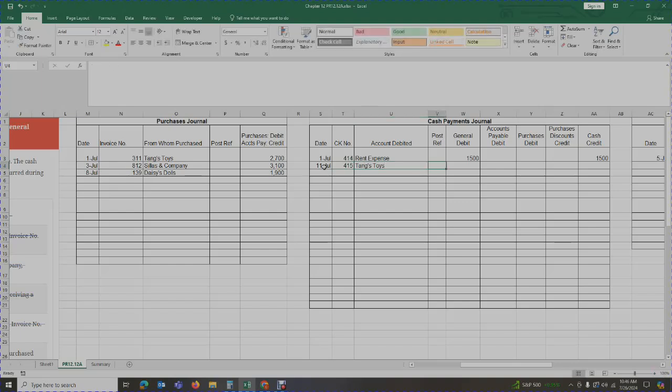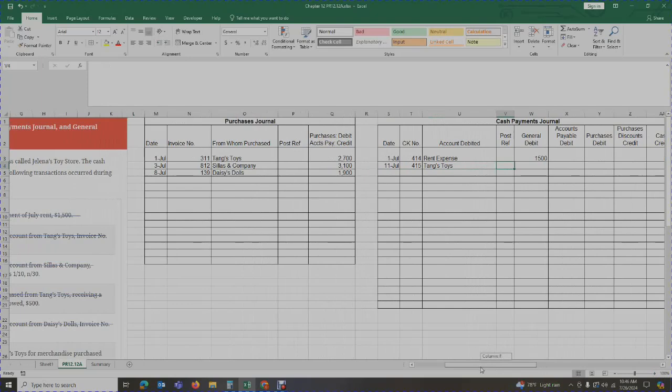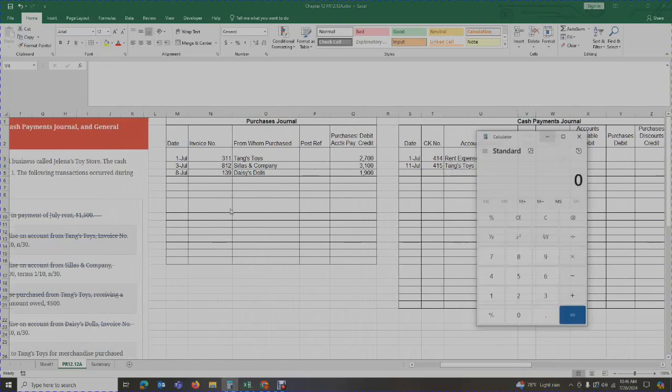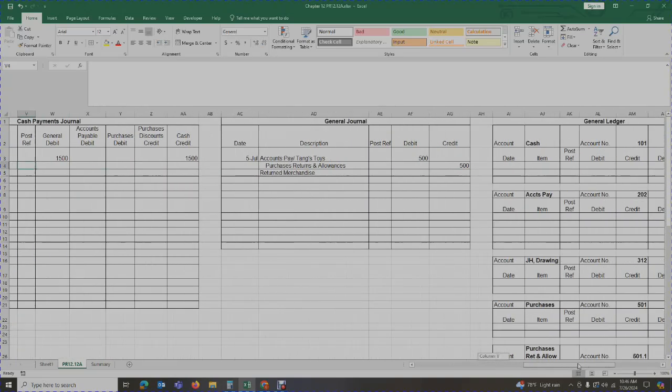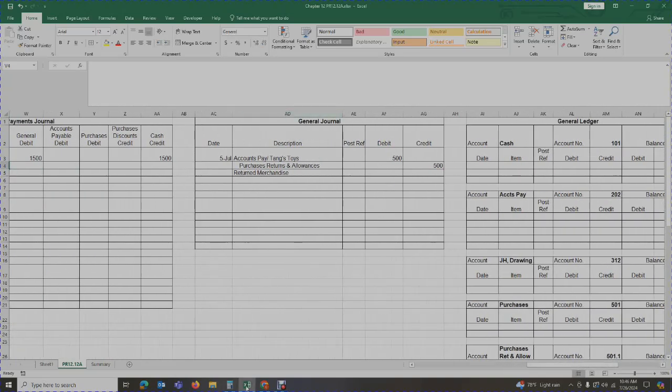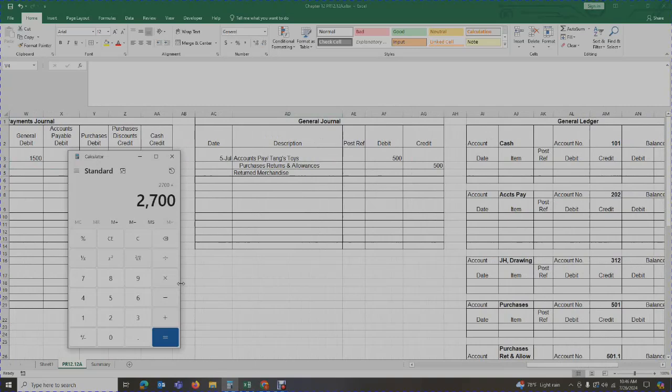Now, how much do we owe for Tang's Toys? We had made a purchase of $2,700, according to the purchases journal. And then there was a return. If we look at our journal, we have a return of $500.